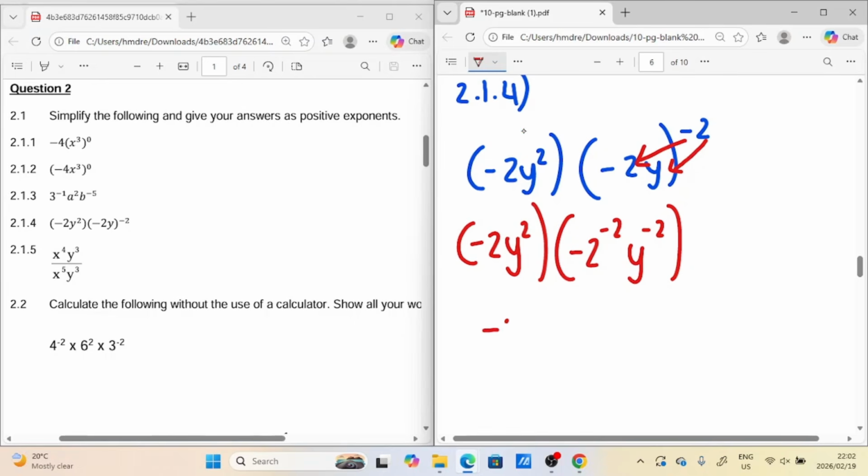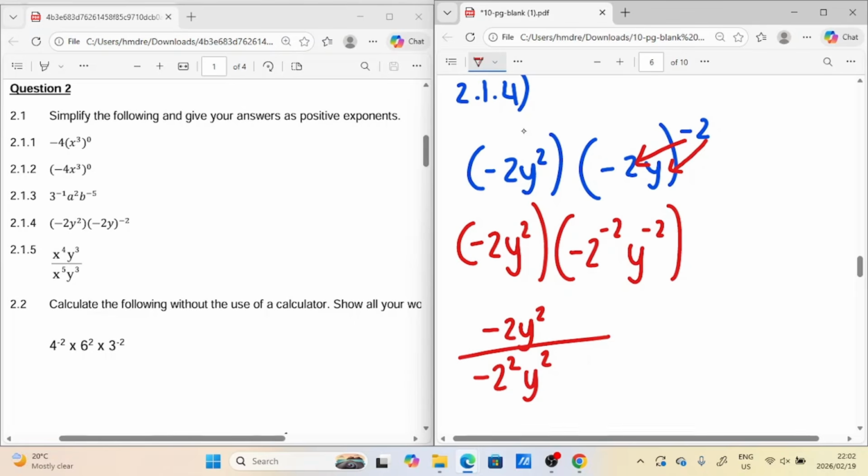So I would say minus 2y squared over this bracket here, minus 2 squared, y squared, because when we take these exponents down, they become positive.